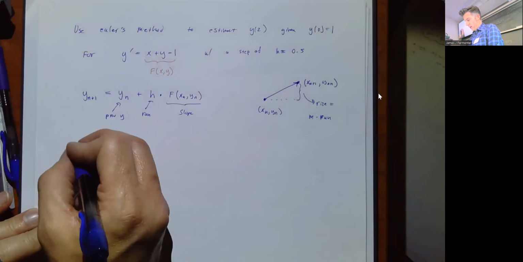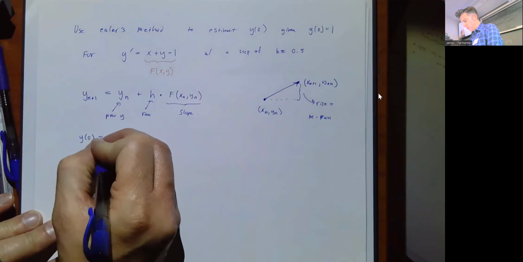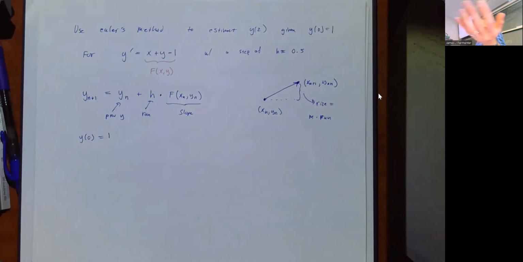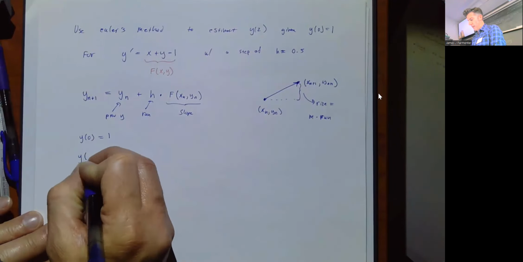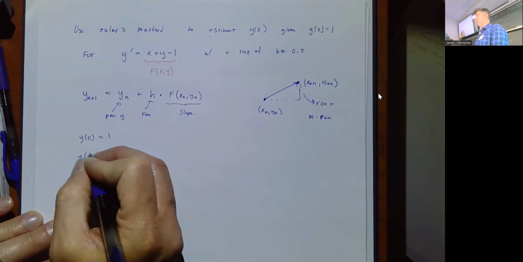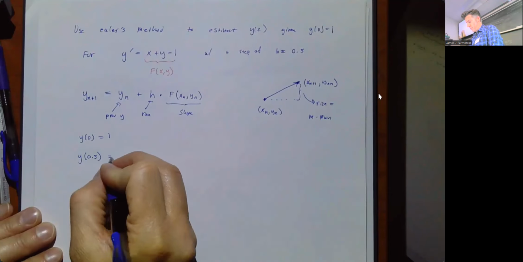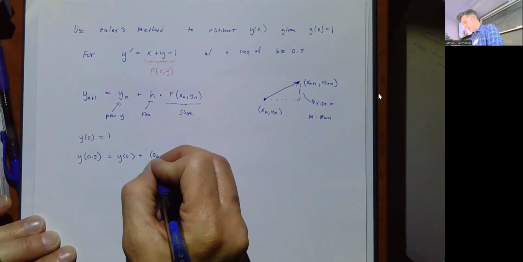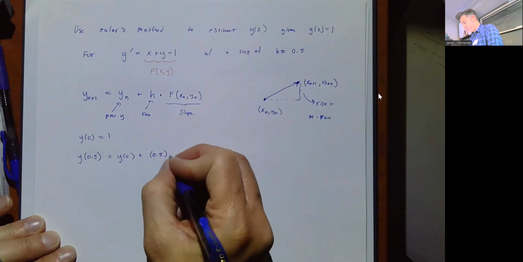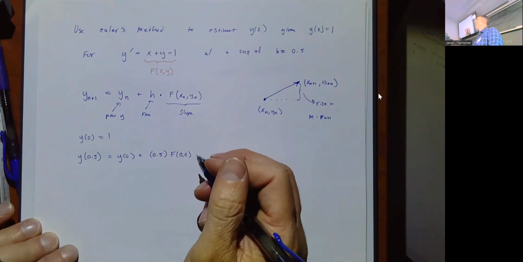Our first y, I know that y of 0 is equal to 1. That's a given. You have to have a starting place. And then the next y value is going to be y evaluated at 0.5, right? I'm moving 0.5 over, and I'm going to figure out how much more up I need to go. So that's going to equal my previous y value, y of 0, plus my step size, which is 0.5, multiplied by f of 0, 1.